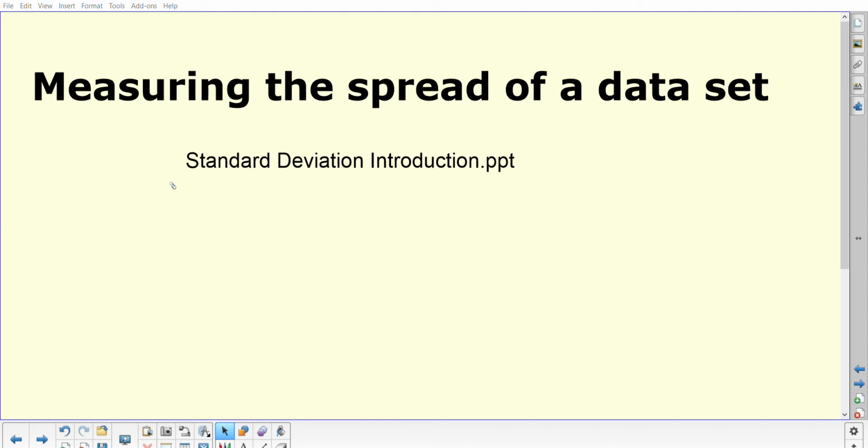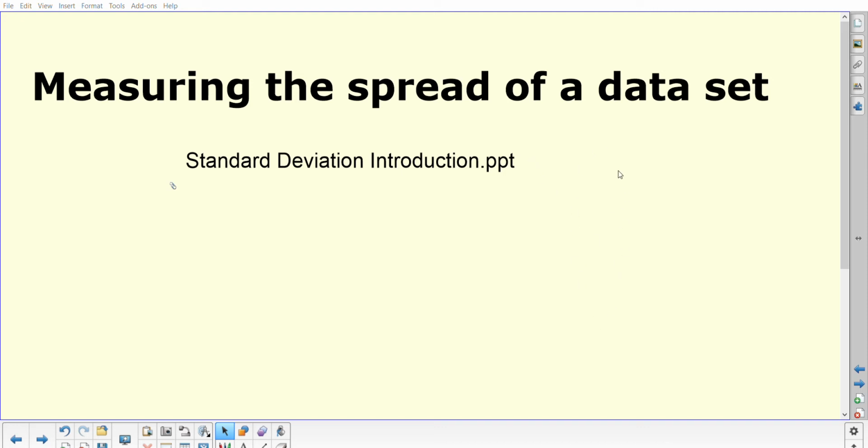We draw up a table to measure how far away each of the x values are from that mean value that we've just worked out, and that's this expression here, x take away x bar. So your table has got this second column. You started with the x's, you now create this second column where you take each of these x's, and our mean value that we worked out a minute ago is going to be subtracted.